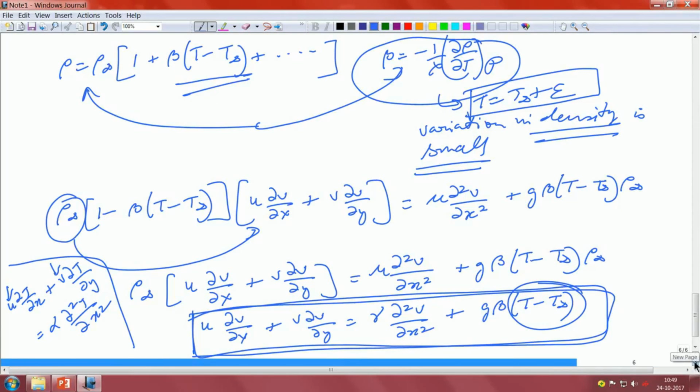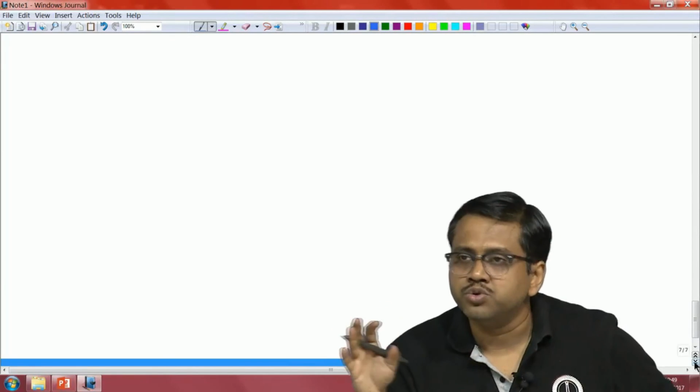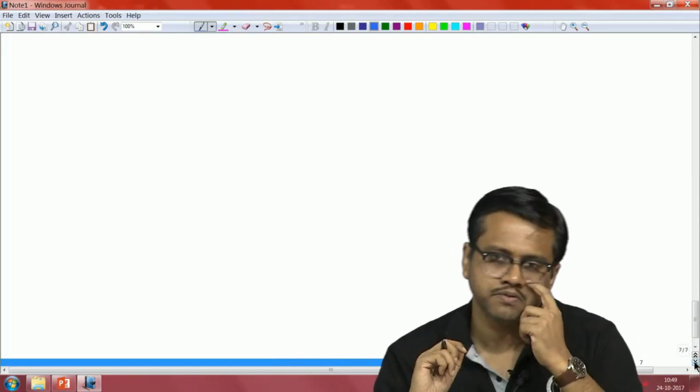Now that we know what the governing equations actually look like with Boussinesq's approximation, if the temperature variation is very large, say 100, 200 degrees Celsius for example, this will not be this simple. You have to solve the full equation, you have to take into account second order effects that come into the picture, and you have to do a full fledged coupled solution of the whole thing.